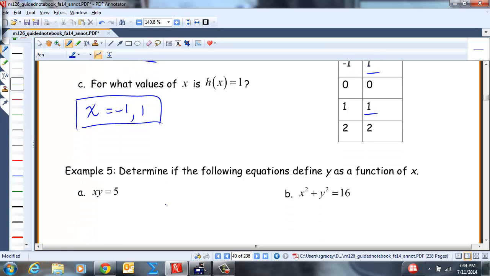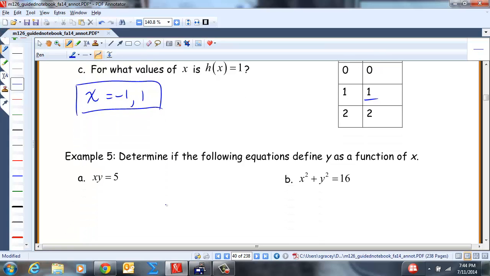All right. The next example is determining if these equations define y as a function of x. So remember that though two different x values could share a y value, a single x value cannot map to two different y values. So let's check it out.